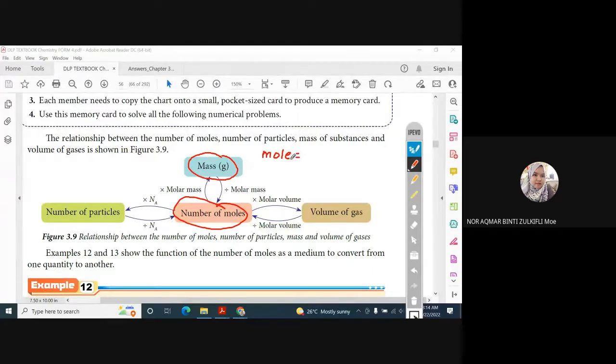Mole equals mass over molar mass. If you want to know mass, then mass equals mole times molar mass.